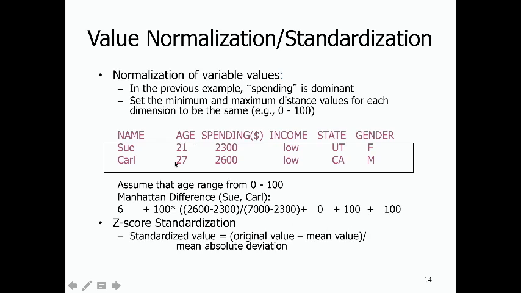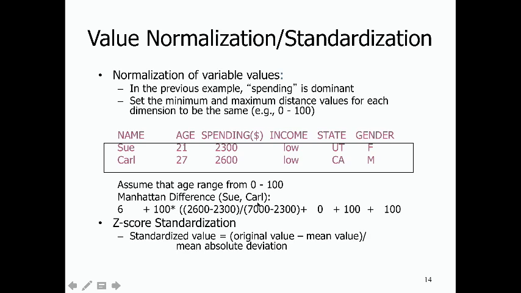So for example, for age, the assumed distance is typically up to 100, or we can just normalize it to 100. For spending, we normalize the maximum distance to 100 by taking the maximum difference, dividing it by itself, and multiplying by 100, like this.